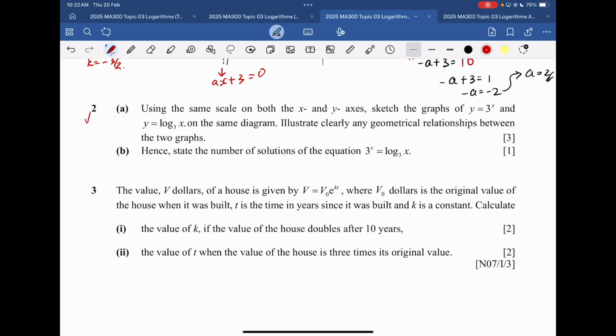Remember these two are what we call the inverse. They are inverse relations, inverse functions. They are the reflection of each other about y equals x. It's a slanted line, one curve on top, one curve below.